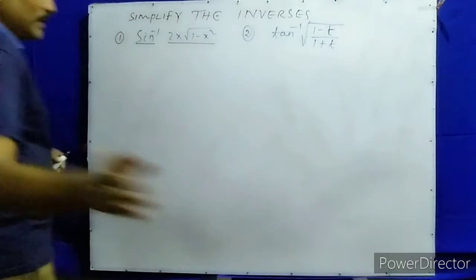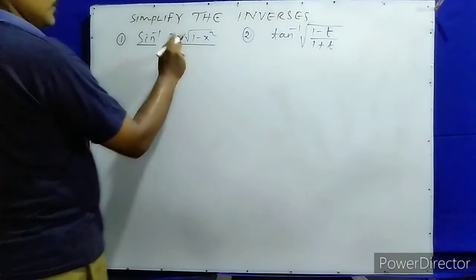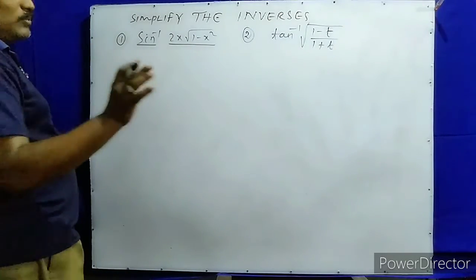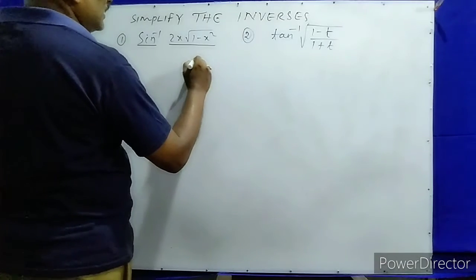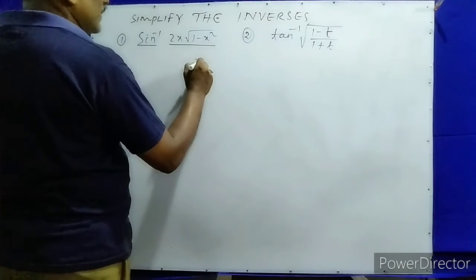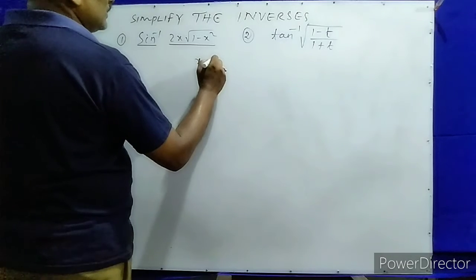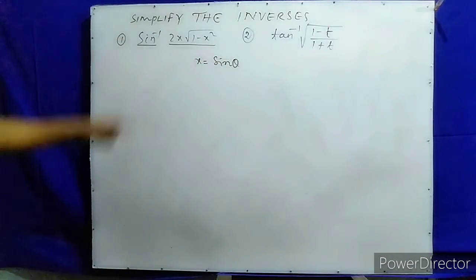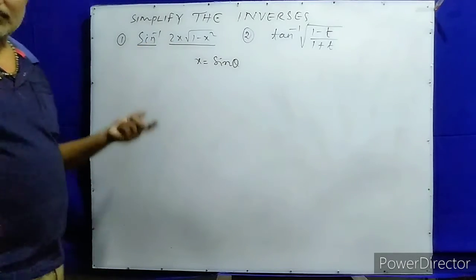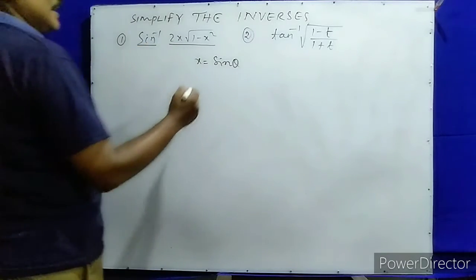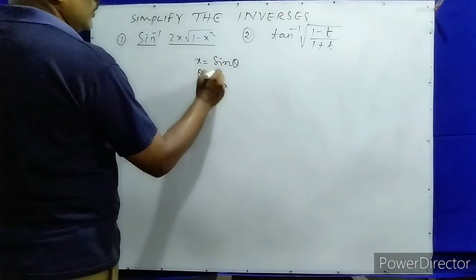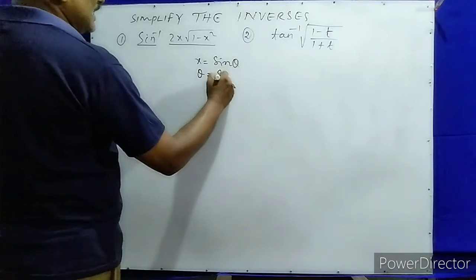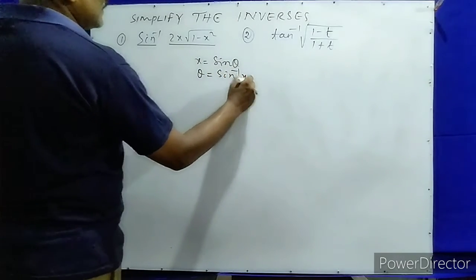So how to reduce, you will get here. Root over 1 minus x square is there, format number 1 I have told. So instead of x you take x equal to sin theta. Because I have told for root over 1 minus x square, the substitution is x equal to sin theta. Then theta equal to sin inverse x.